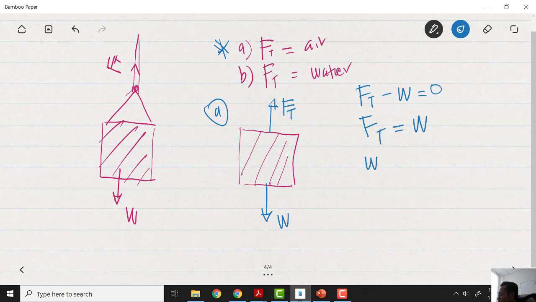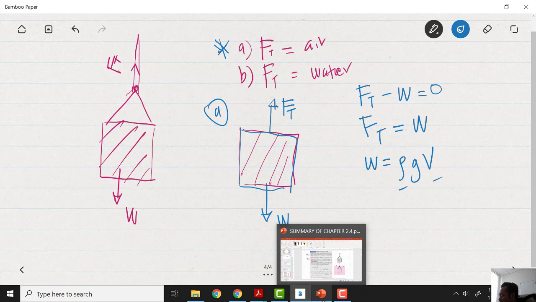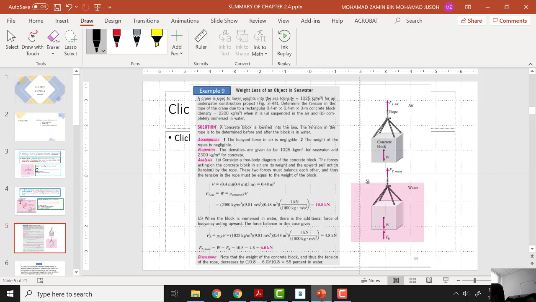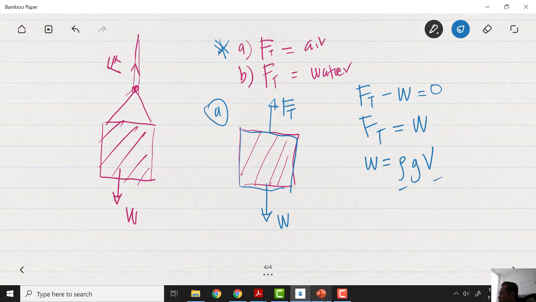We know that weight is equal to rho G V. Which rho? Which V? Now we are solving in air, so the rho we are looking at is the rho of the block itself. The rho of the block is given here as the concrete block density, 2300.